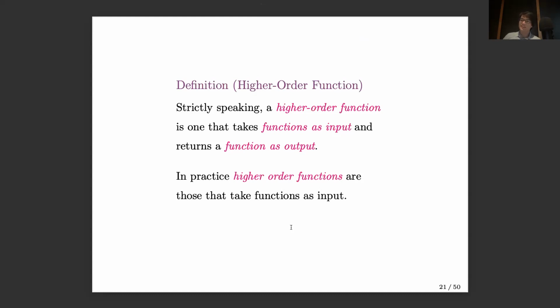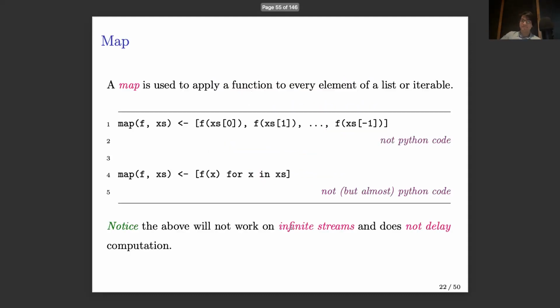And for the rest of this section of the lecture, we're going to go through a bunch of standard higher order functions that are super useful in functional languages, but like in any languages. You're going to see these design patterns a lot.